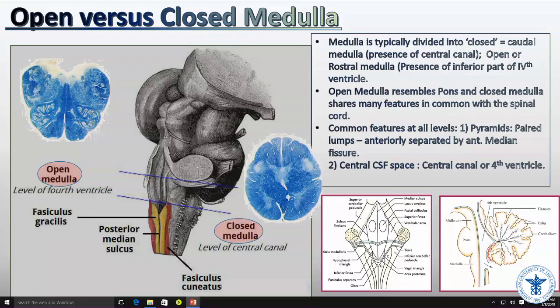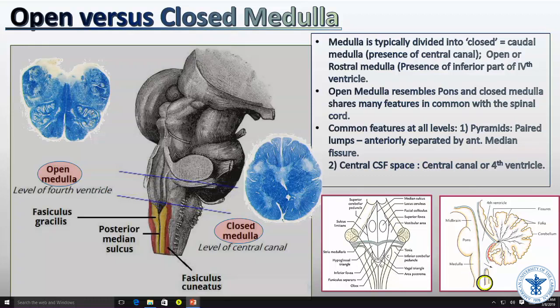So I wanted to just stress on this a little bit. And you can see here that's the fourth ventricle, and how the medulla continues beyond the fourth ventricle down there. So until the apex, the inferior apex of the fourth ventricle, it would be the open medulla, and below that is the closed medulla, right there. And from the lateral view, you can also see that here, although this image is a little deceptive because it shows a large central canal here.